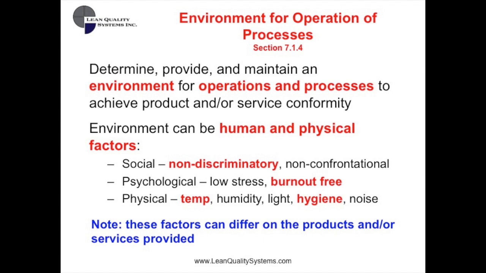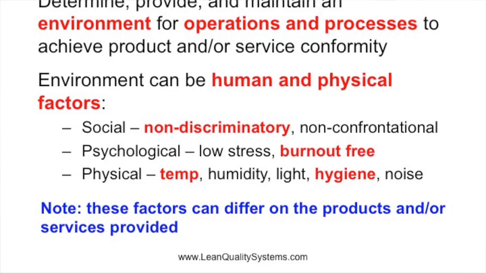Then there's got to be an environment for the processes. And it tells us that we have to determine them. The environment for operations and processes to achieve product and or service conformity. Environment can be human and physical factors. They could be social, non-discriminatory, non-confrontational, psychological, low stress. We don't want burnout.